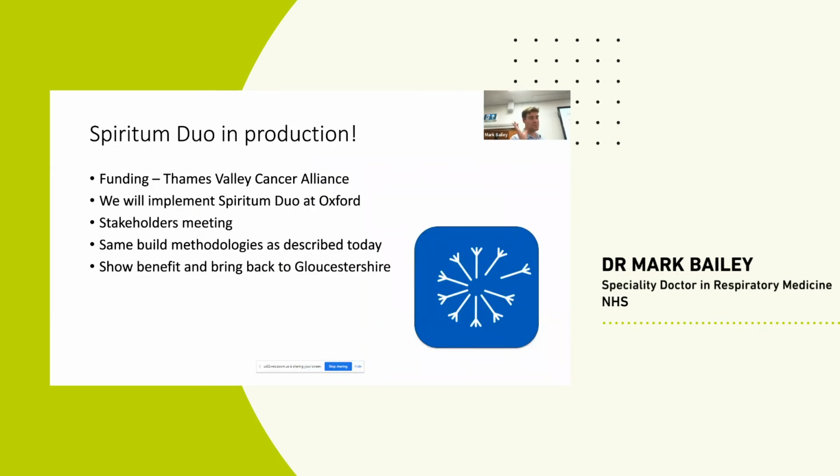So yeah, we want to get Spiritum Duo happening in production, not just prototype, in production in the Thames Valley, which is where Oxford is. And the Thames Valley Cancer Alliance, we put in a bid for them. There's been interest from them, and hopefully in the next few days they'll let us know if we got it or not.